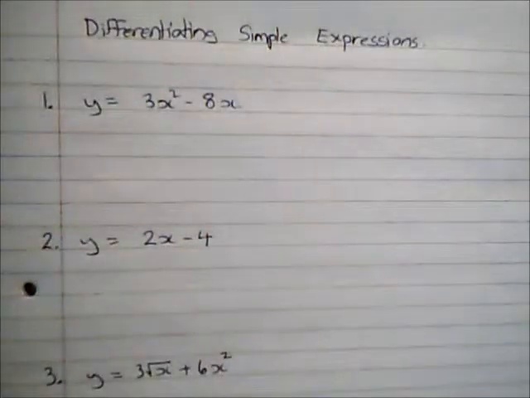In this video we're going to look at how to differentiate simple expressions. So we're going to look at functions in the form y equals, and this is going to be for a range of different polynomials.